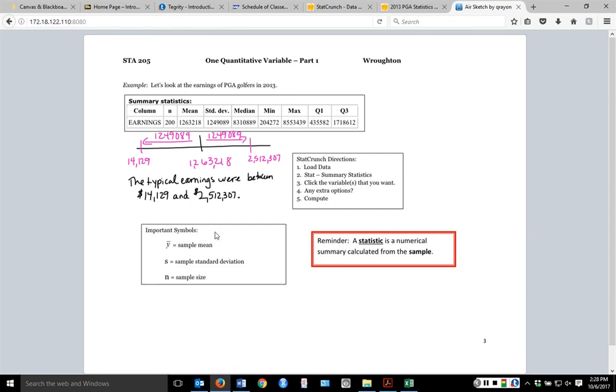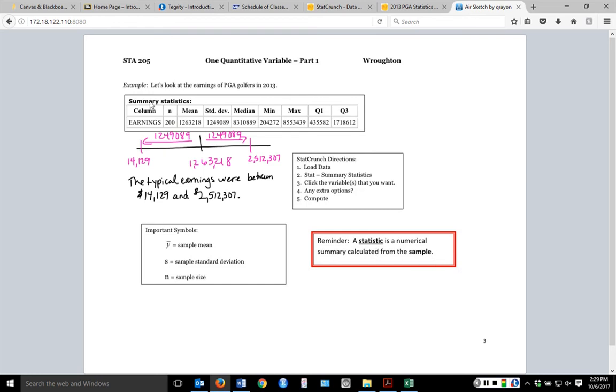Alright, so some other important things here, a little refresher on some of the symbols. These first two are pretty new, and they are still going to be showing up. Our sample size is still going to be showing up as well. And this is a reminder that a statistic is a numerical summary calculated from the sample.